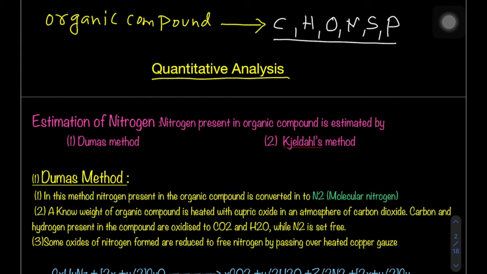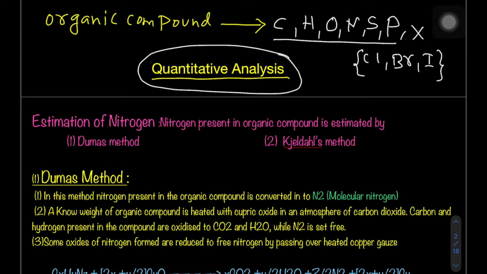Now, how to estimate the amount of these elements, and one more important thing, halogens, especially chlorine, bromine and iodine. How much percentage of these elements is present in the given organic sample is known as quantitative analysis.